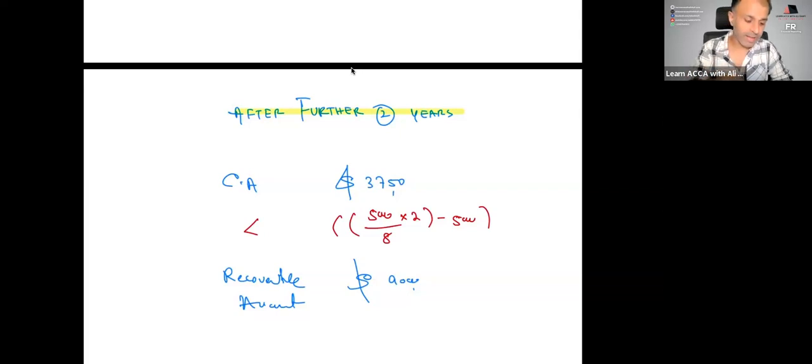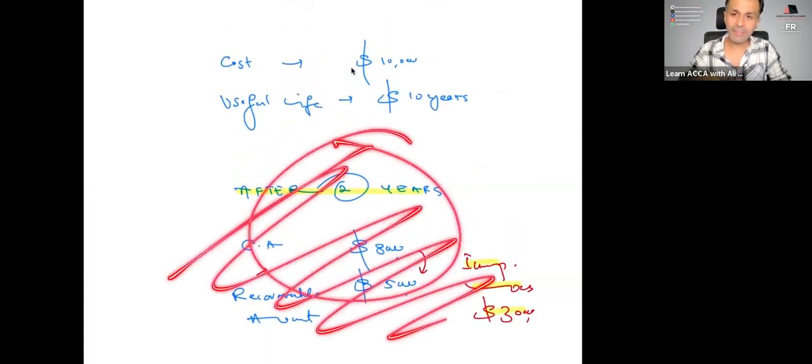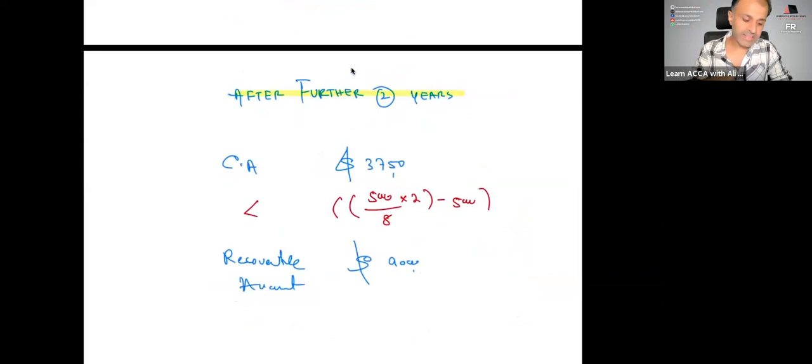Today means I'm currently standing after 4 years. So what would be the asset's carrying amount after 4 years if previously it had not been impaired? Actually, previously it has been impaired on the way. But if that thing never happened, what would be the asset's carrying amount after effective 4 years?